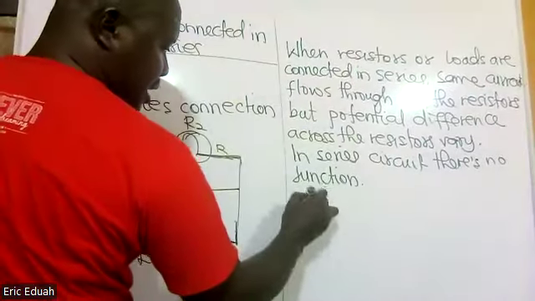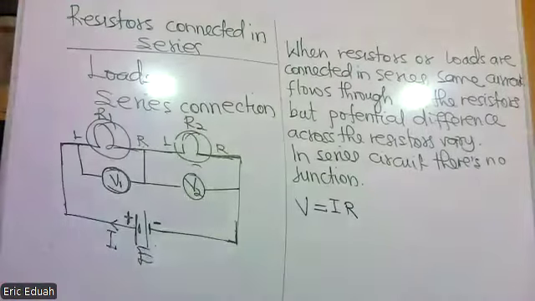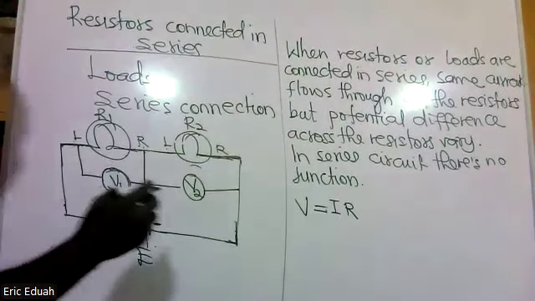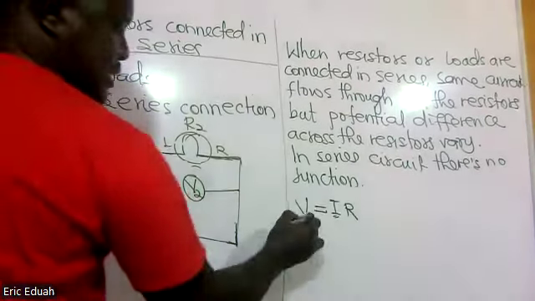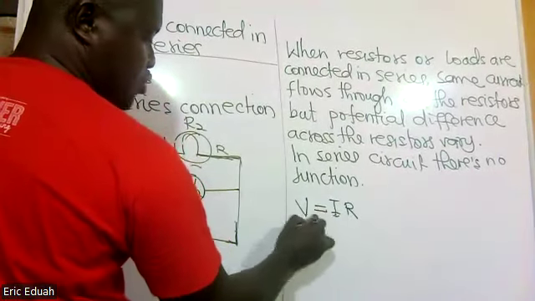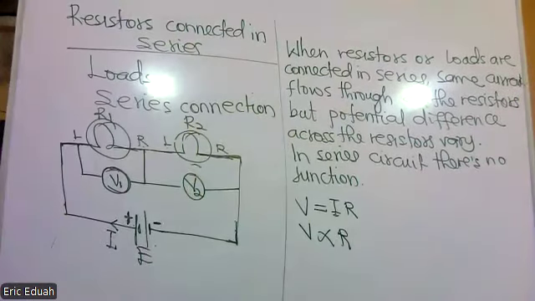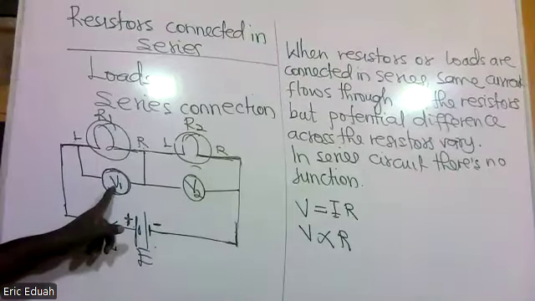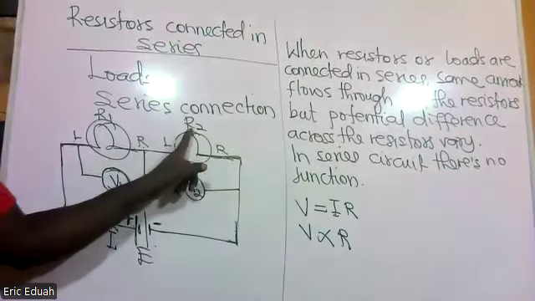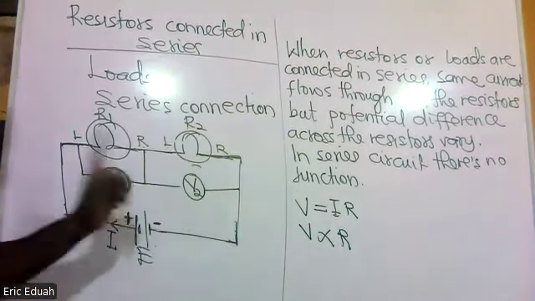From Ohm's law, V is equal to IR. So if in a circuit, I is not changing, then we can say that I is a constant. So V is directly proportional to R, meaning when R1 increases, V1 would also increase. When R2 increases, V2 would increase.